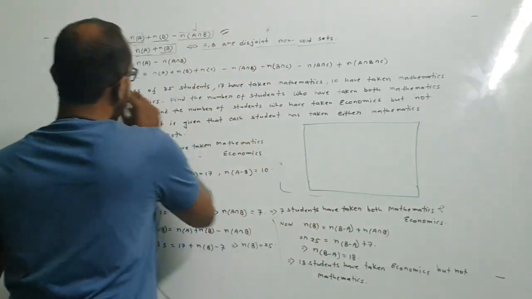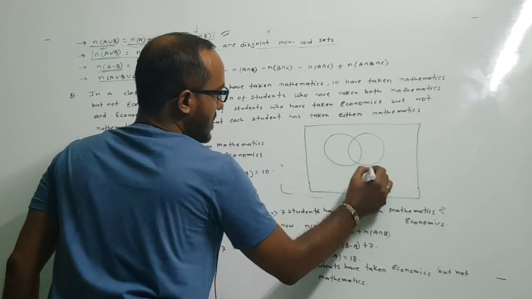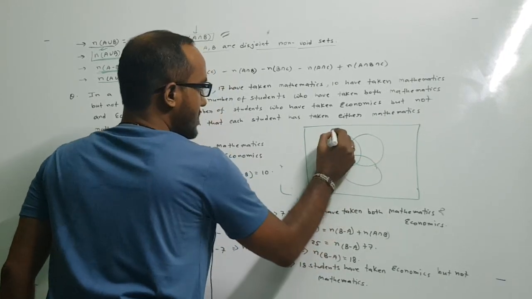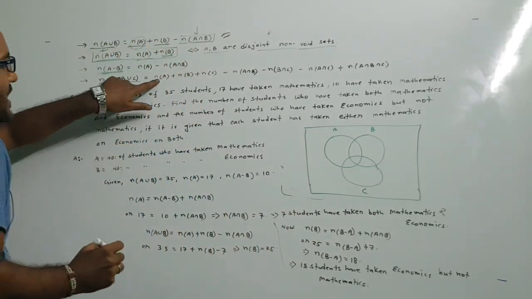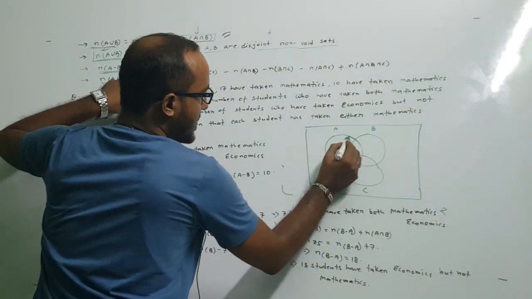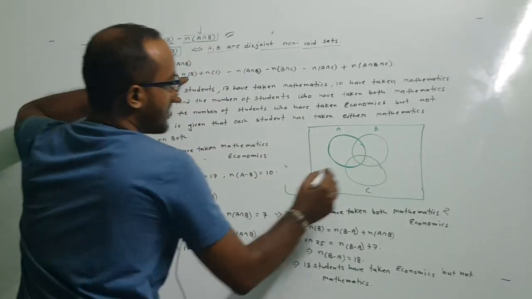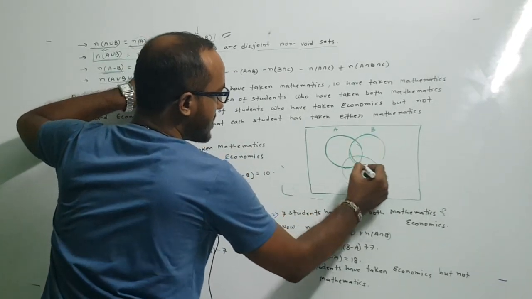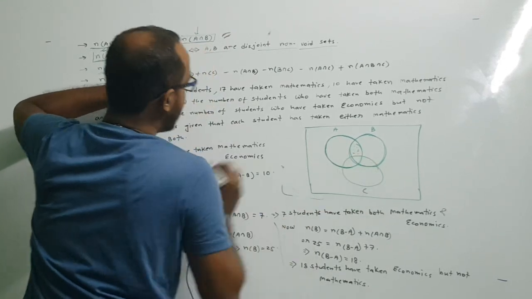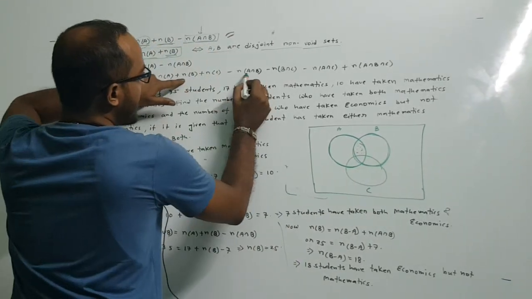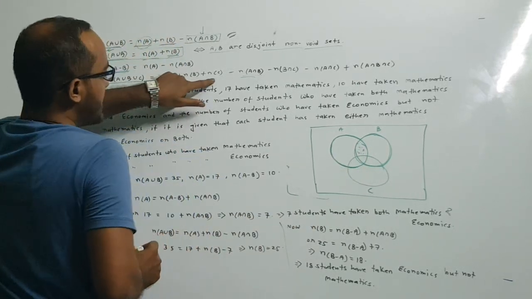So we have three sets now, A, B and C. Let us say this is A, this is B, this is C. When we are taking n of A, that means we are taking this whole part. n of B means this part. See, we have taken this part twice. So we have to subtract n of A intersection B, which is this, plus n of C.